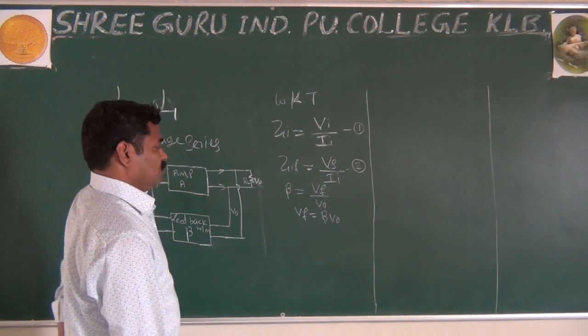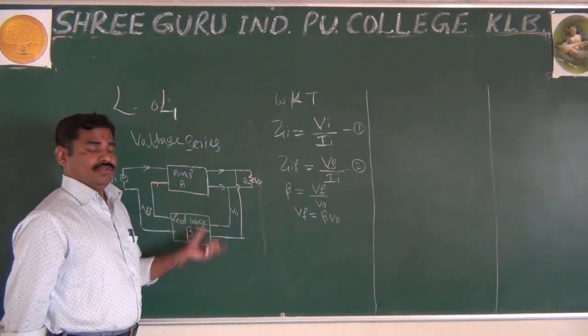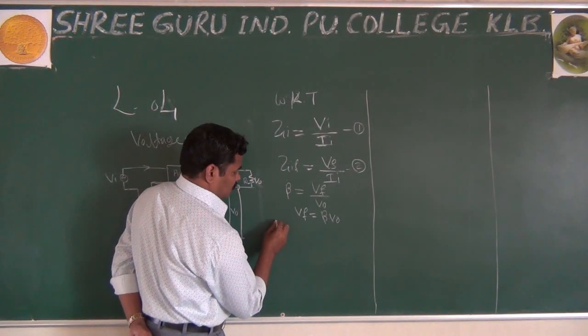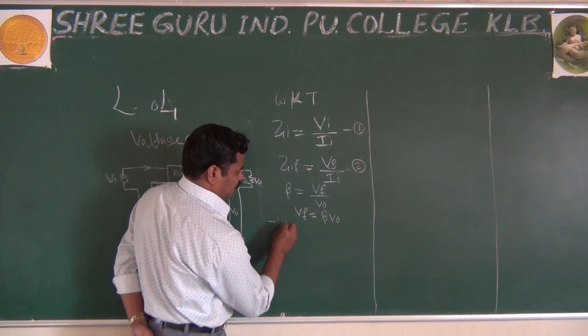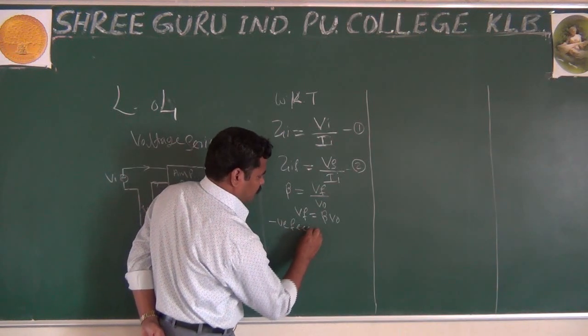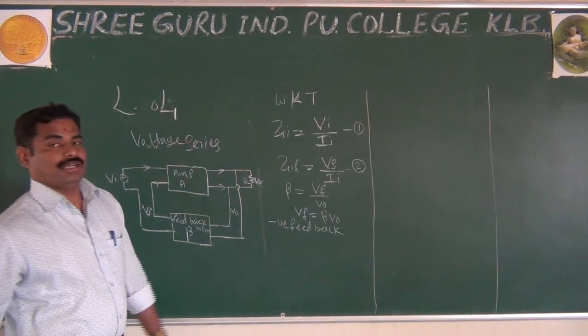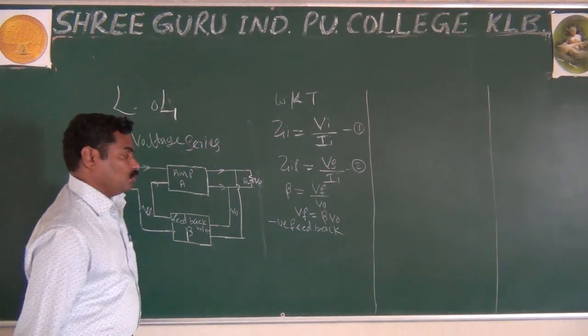Now consider that you are using negative feedback. What happens to the input voltage in an amplifier with negative feedback?